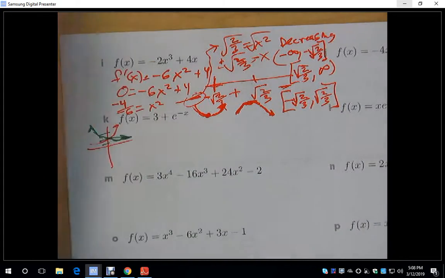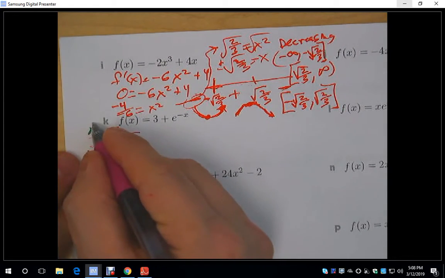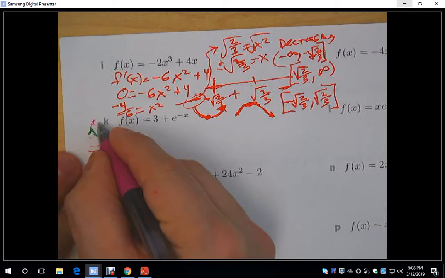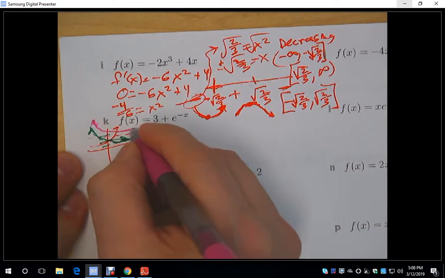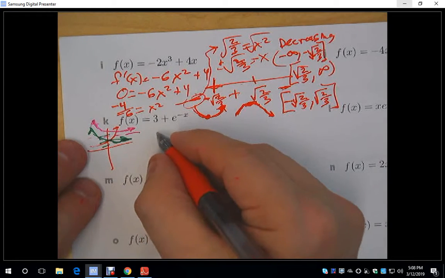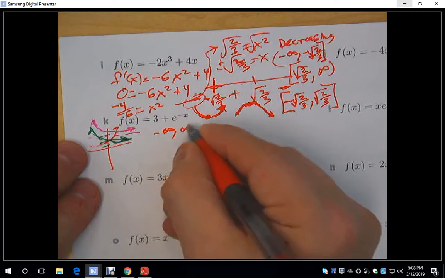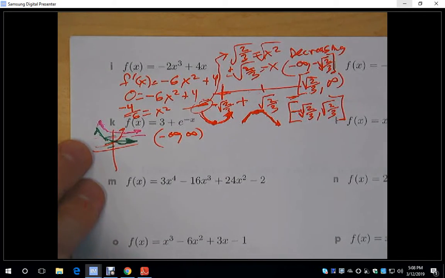So we're going to converge on this y equals 3. So the graph should look something like this. So it looks like the graph is always decreasing. So we only decrease from negative infinity all the way to infinity. We're going to be constantly decreasing.